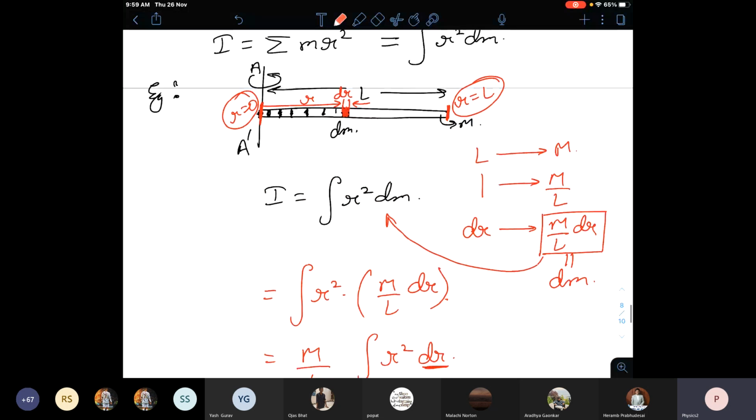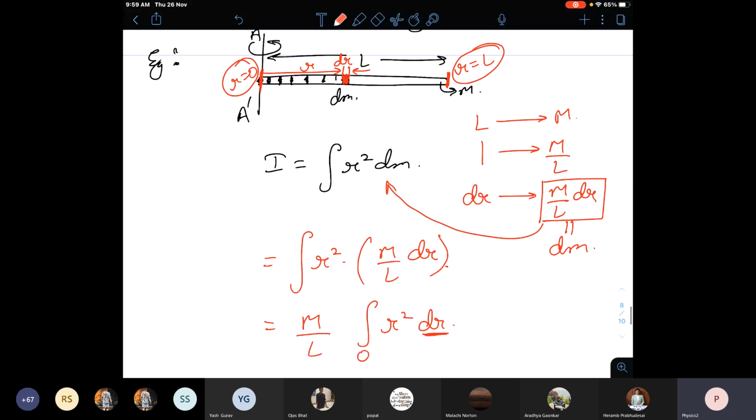So r is from 0 to L, and my limits will also be from 0 to L.